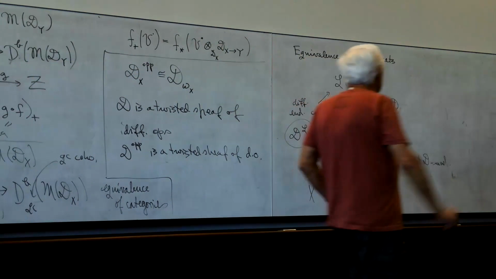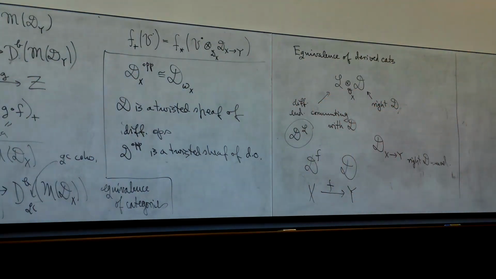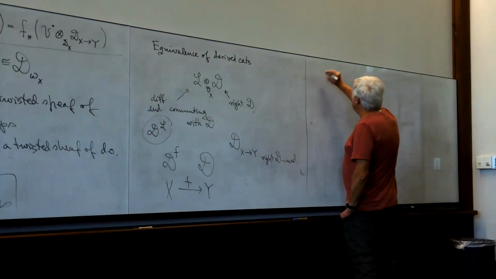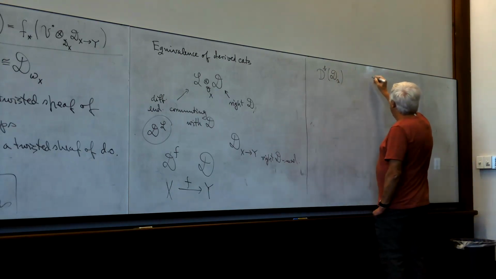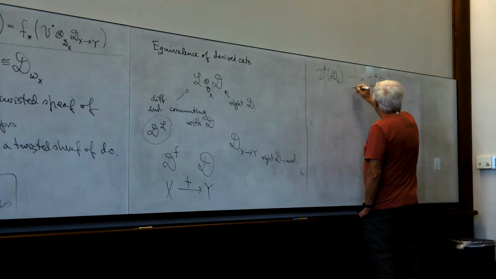Okay, so now we get back to representations. If we take the category of, say, the lambda modules, the right category of modules, and the right category of the theta modules, then of course bounded derived categories.